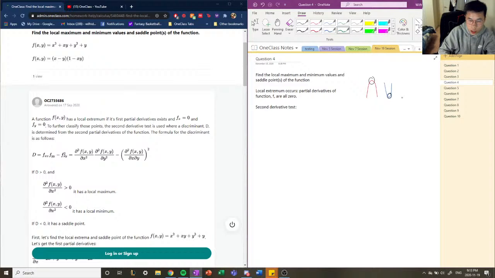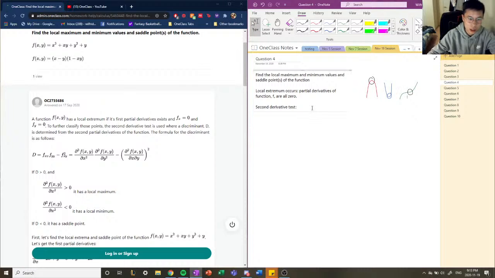So a saddle point is neither a local maximum nor a local minimum, and it looks like this. There's a point of inflection here, but there's not a local maximum or local minimum, and we call this a saddle point. So the rate of change at this point is still 0 for all partial derivatives, but it is not a local maximum or a local minimum, and we use the discriminant to help us find that.